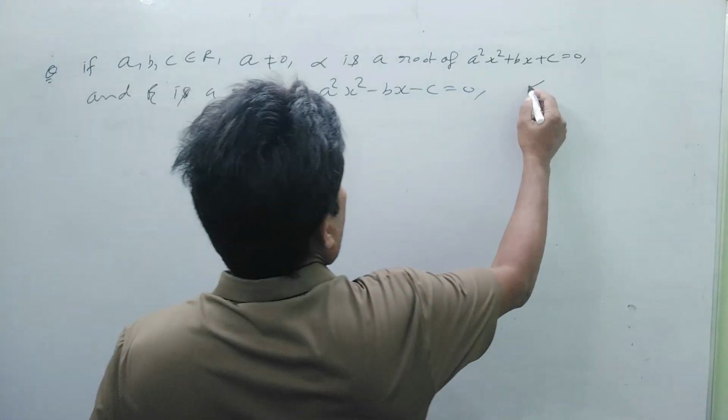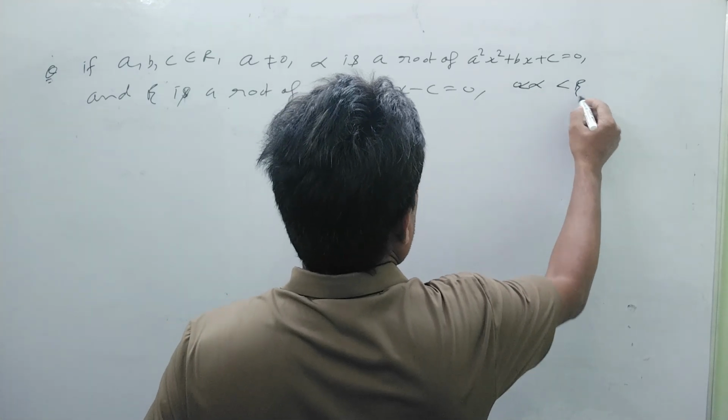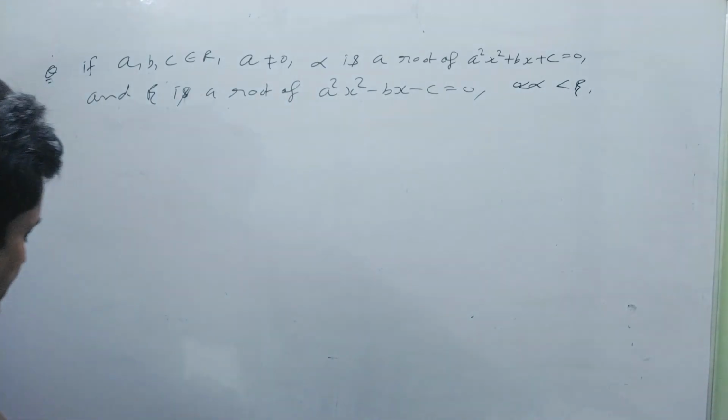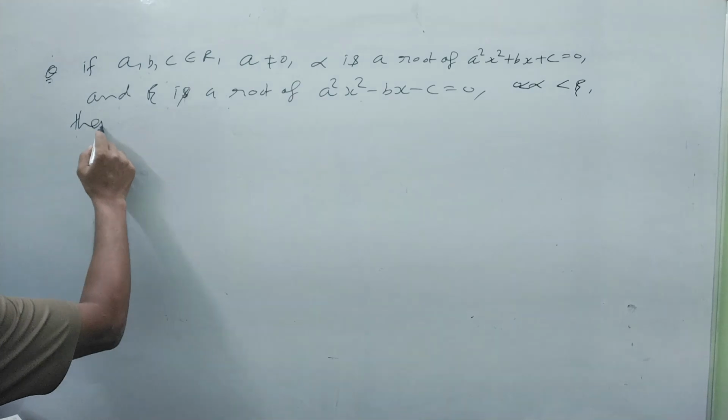Now it is given alpha is greater than 0 and less than beta. Then what can be said?